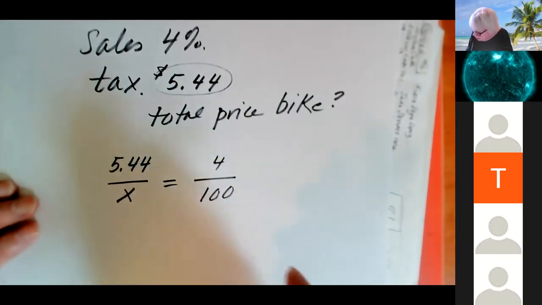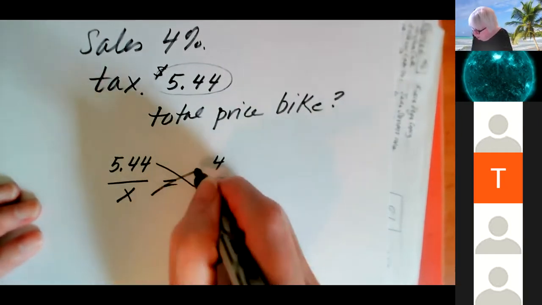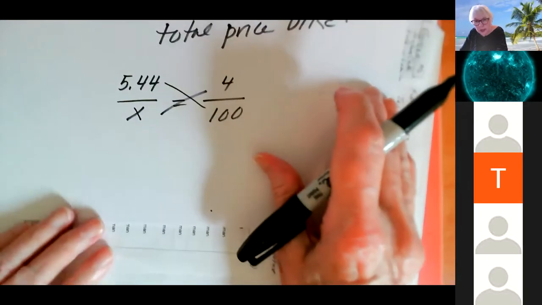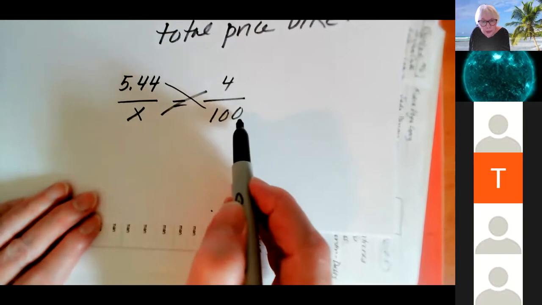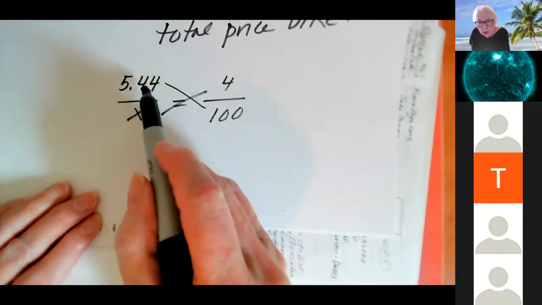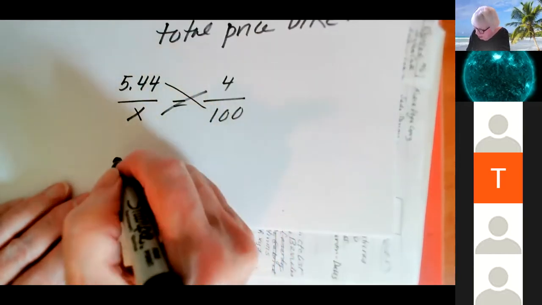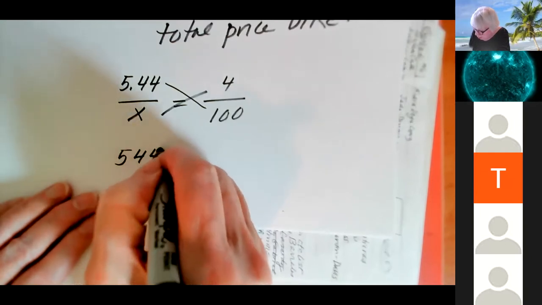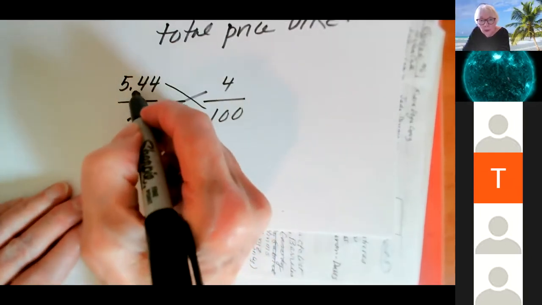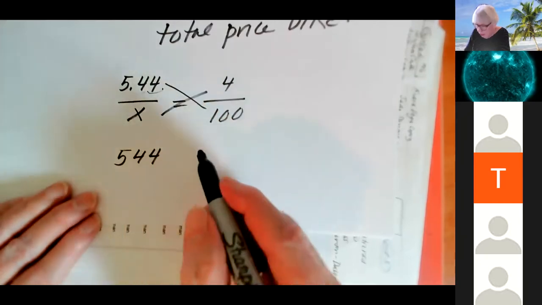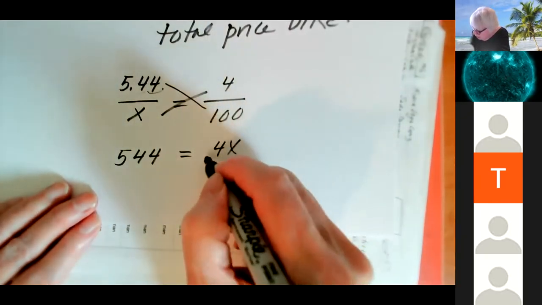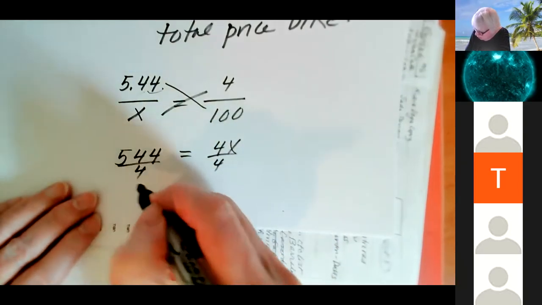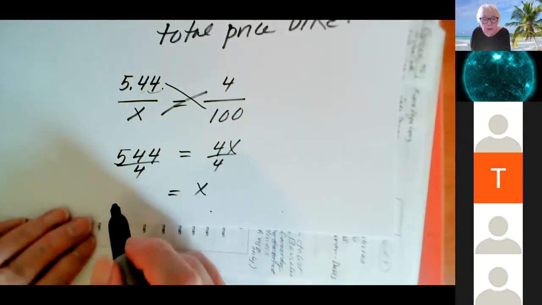And this is X. I take 5.44 times 100. That's a decimal shift of 2 places. That makes it 544 equals 4x. I need to divide by 4, and I'm hoping this comes out beautifully.